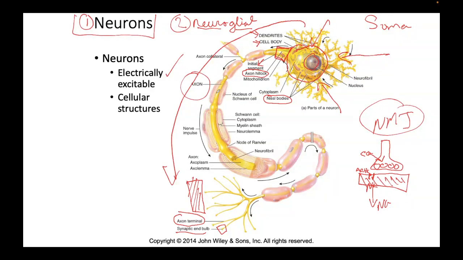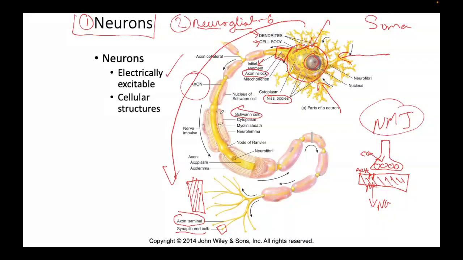What is surrounding the axon in this particular picture is a type of neuroglial cell called a Schwann cell. There happen to be about six types of neuroglial cells.